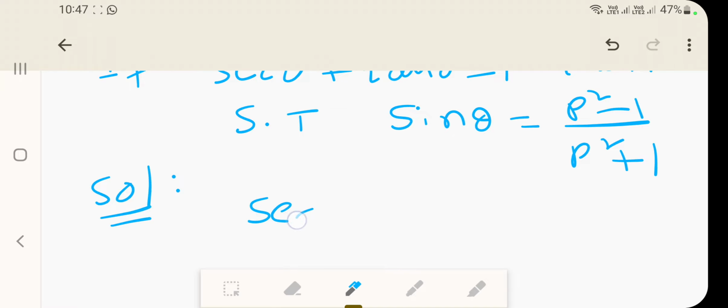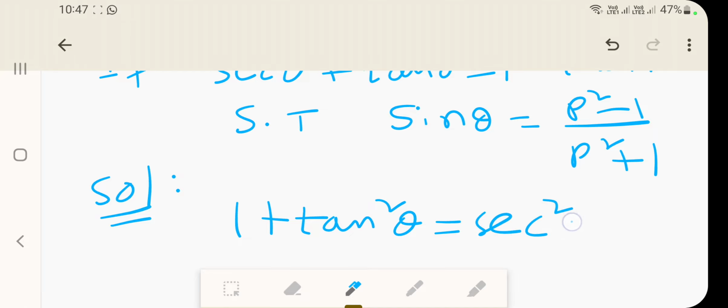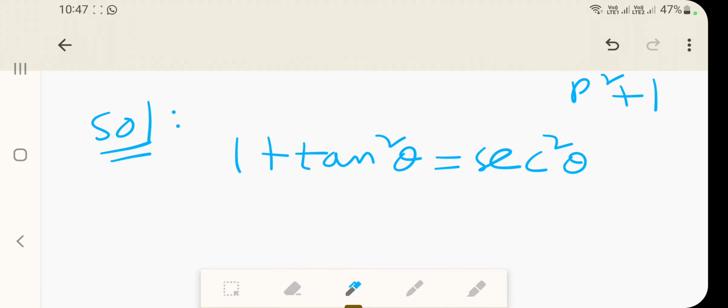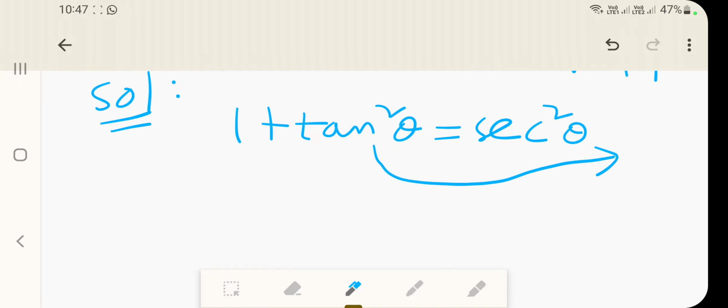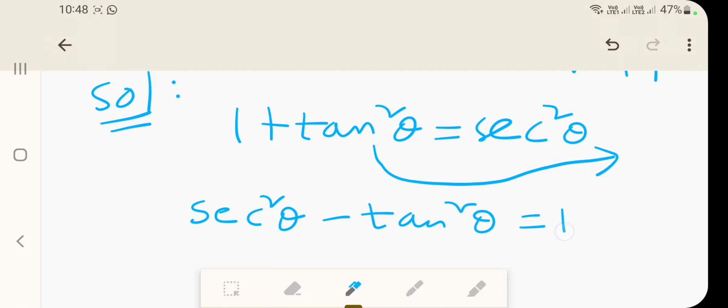Basically, you can say identities of trigonometry, that is 1 plus tan square theta, we know that it is secant square theta. So from this we can take tan square theta on the left hand side, so it becomes minus tan square theta, and we get secant square theta minus tan square theta is equal to 1, right?